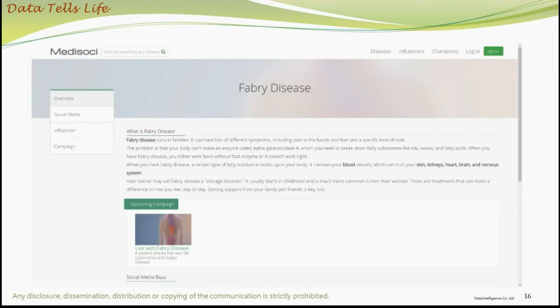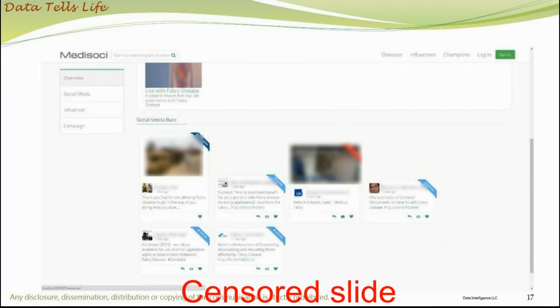This is the first page of MediSoci, introducing what Fabry disease is. And on the second page, we can see this is a place for patients and healthcare professionals to express their opinions, or to share the symptoms or the treatment experience about the disease.